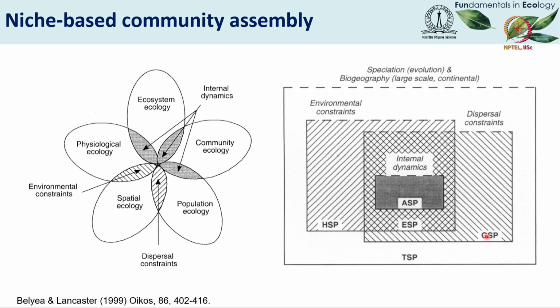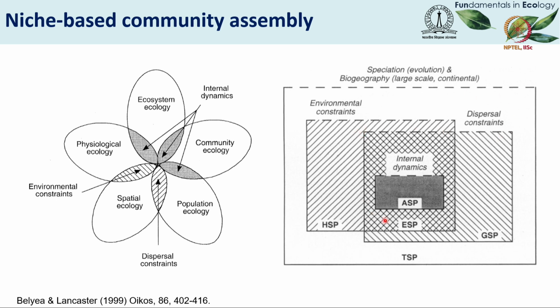The overlap between the geographical species pool and the habitat species pool, which is this area here, creates the ecological species pool, the ESP. And so, can a species pass through an abiotic filter? Can it move to actually reach and interact with that abiotic filter? That is dispersal constraints.